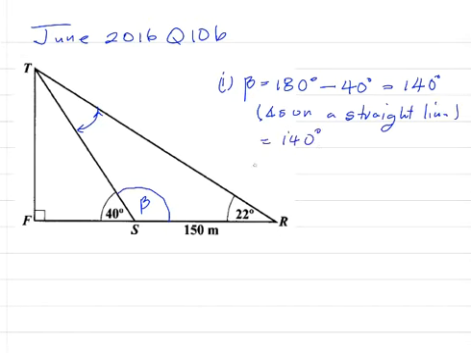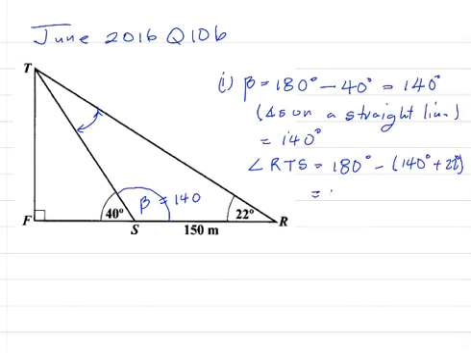So the angle there is equal to 140 degrees. Now the angle that we want to find, angle RTS, would be equal to 180 minus 140 plus 22.